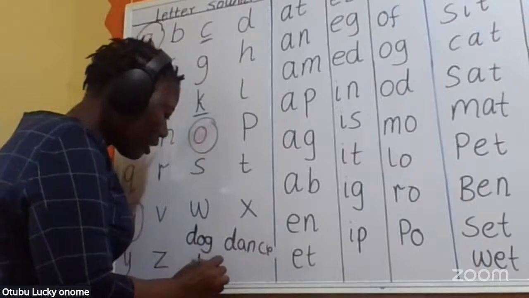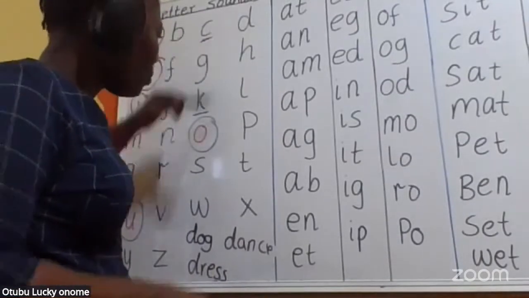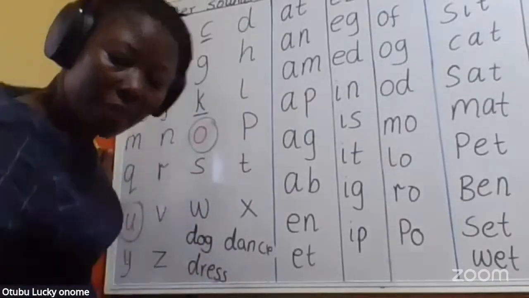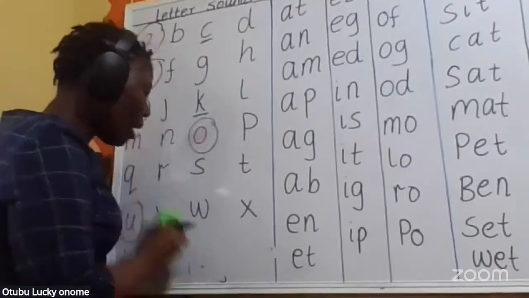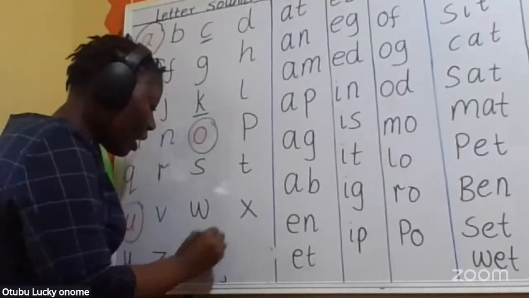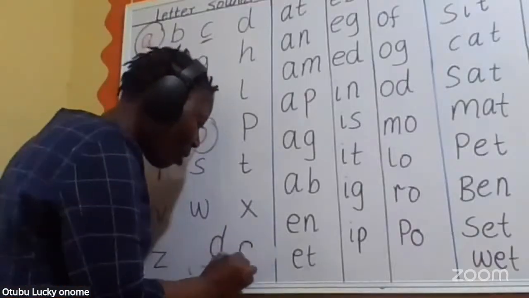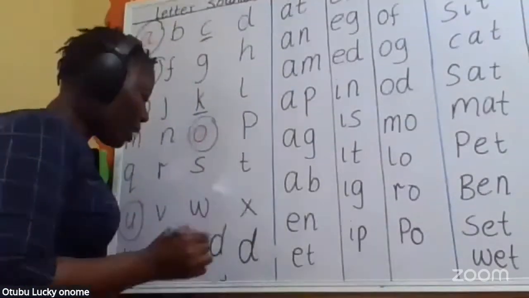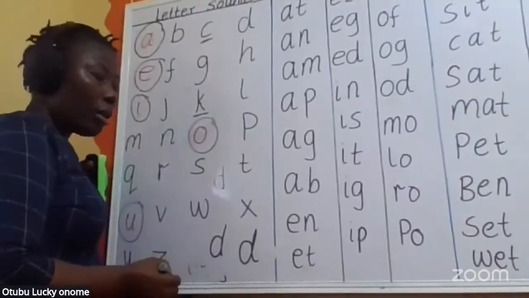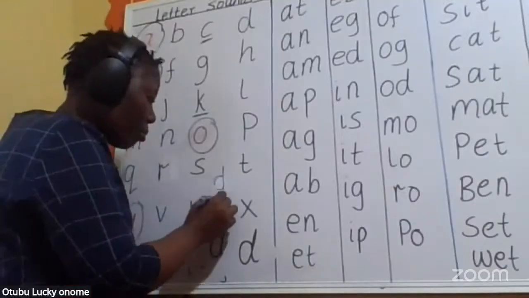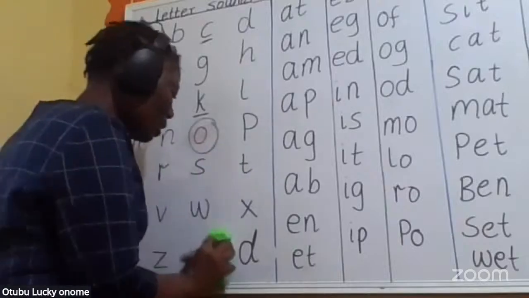So this is d, and this is how to write d. For us to write d, we have a curve and one. That is d. But to make it easy for us, make a curve and one. Or another way you can write, make one and a curve, d.